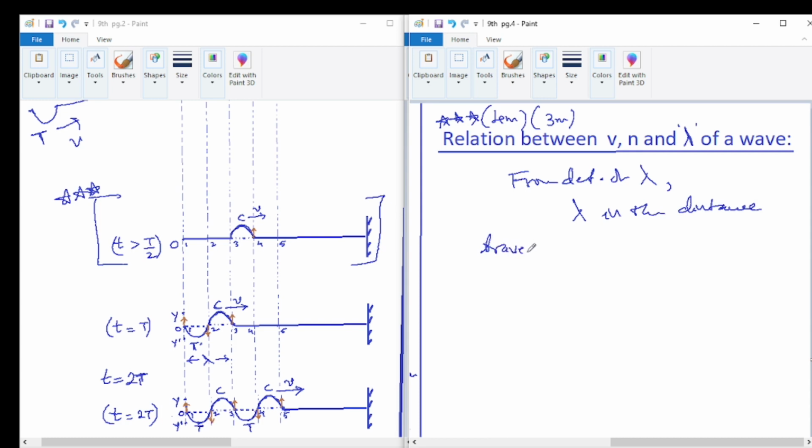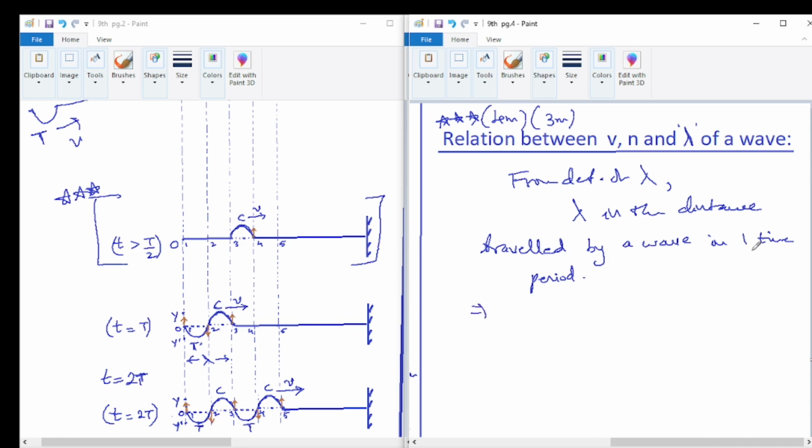traveled. Always while deriving relations, whether this relation or the previous relation, first we have to state the definition, and from the definition we have to get the next steps. Lambda is the distance traveled by a wave in how much time? In one time period. So from the definition, we get a very simple thing.